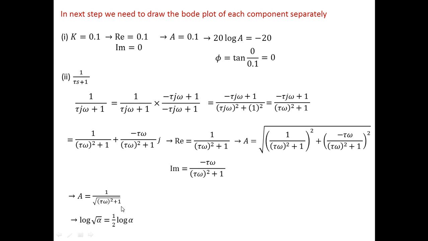If I take the 20, and I know that the log of the square root of alpha is equal to 1 over 2 log alpha, using this rule, I see that 20 log of A will be minus 20 log of the square root of tau squared omega squared plus 1, which is equal to minus 10 log of tau squared omega squared plus 1, according to this rule given here.